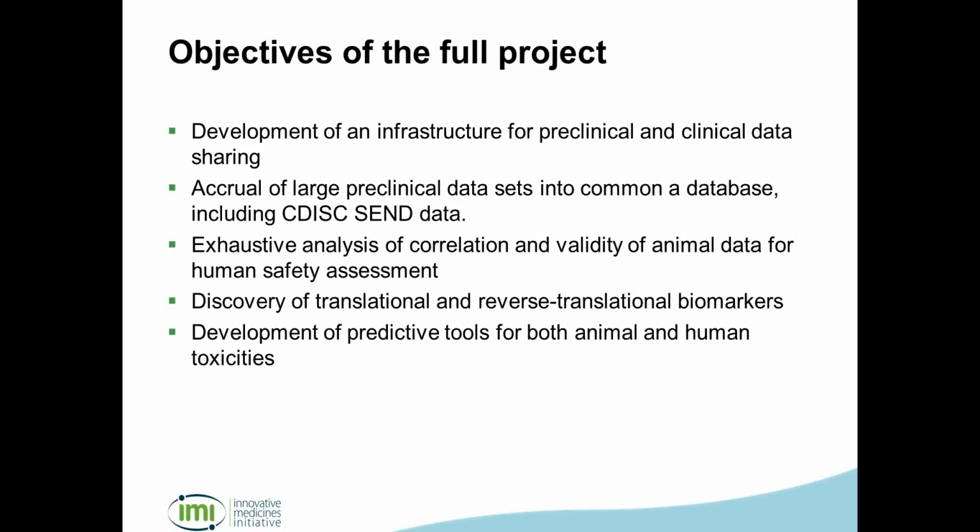Along these lines, we also want to do a little bit around biomarkers, translational and reverse translational, so it's kind of data mining in those databases, where we would look at the translationality of biomarkers from animals to human and from human to animals.